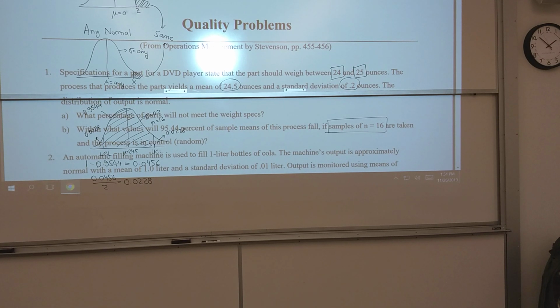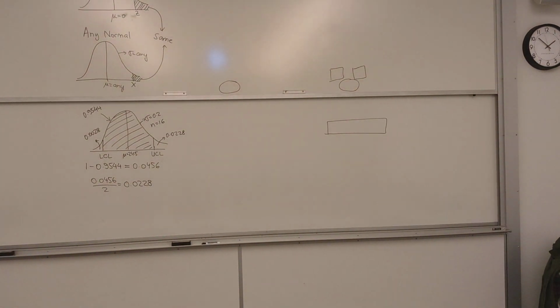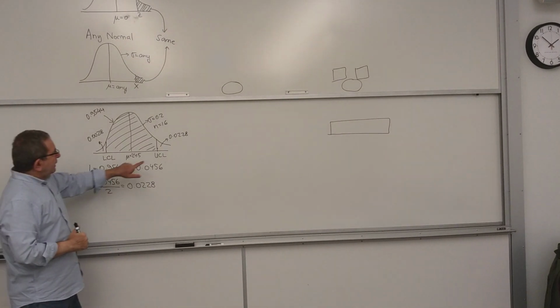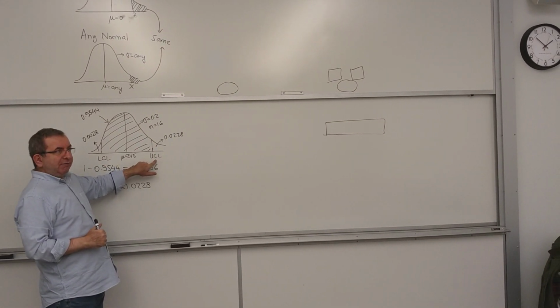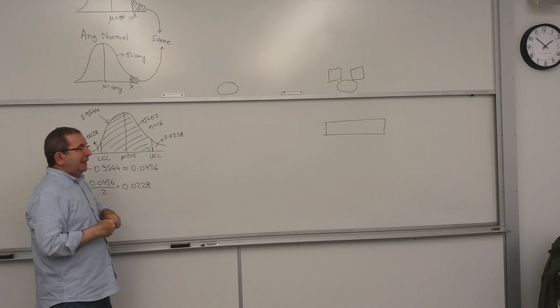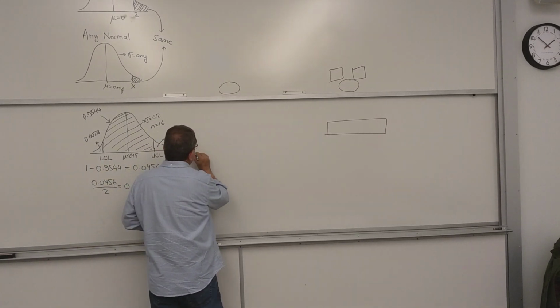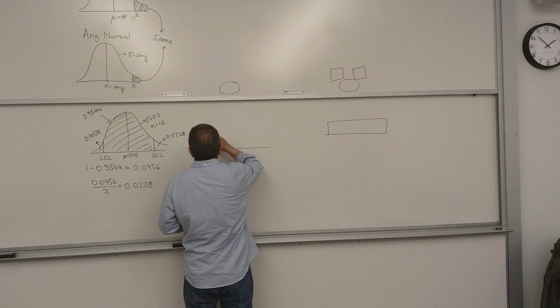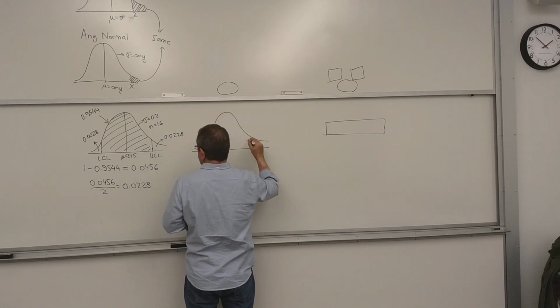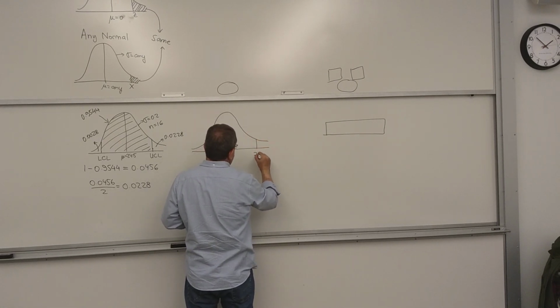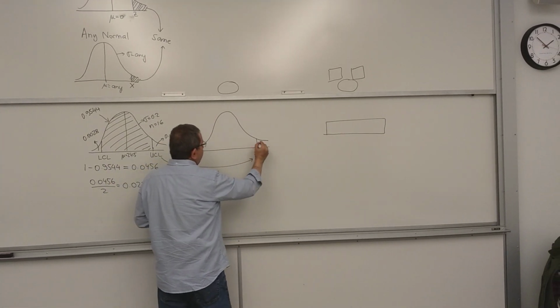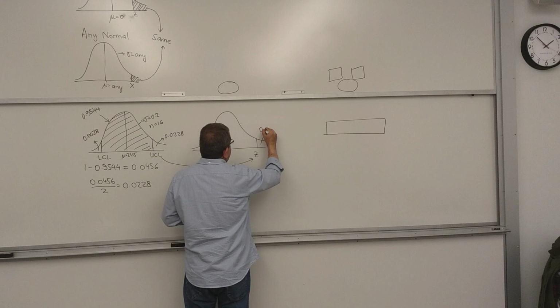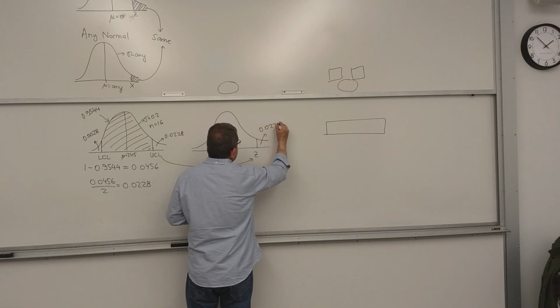So let's find the corresponding z value for the upper control limit. Okay. So this z value corresponds to this upper control limit, where the tail probability is 0.0228.